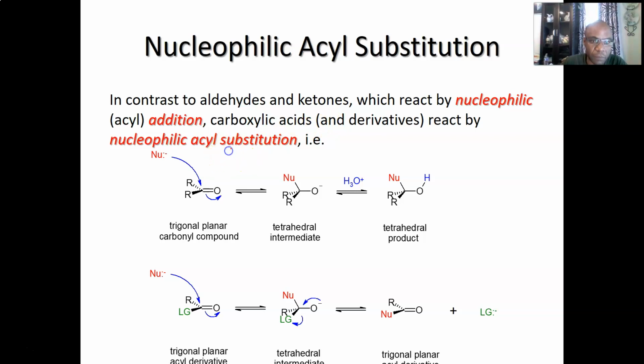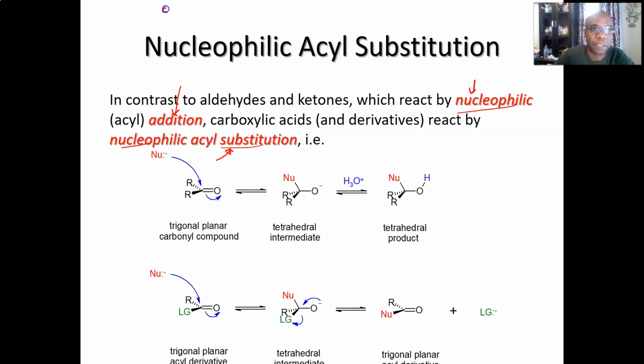Remember, the aldehydes and ketones were doing nucleophilic addition. So the comparison here is both of them can be attacked by a nucleophile. That's why we call it nucleophilic. But the acid derivatives do substitution while ketones did addition.